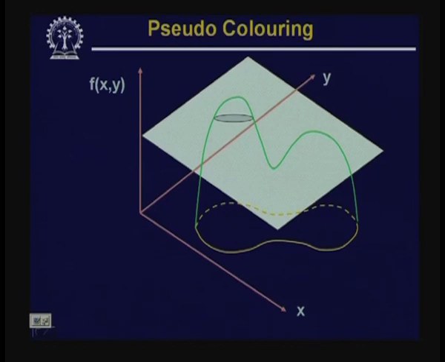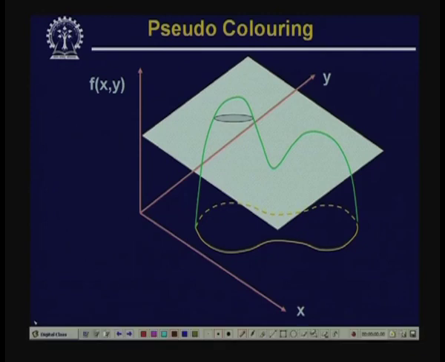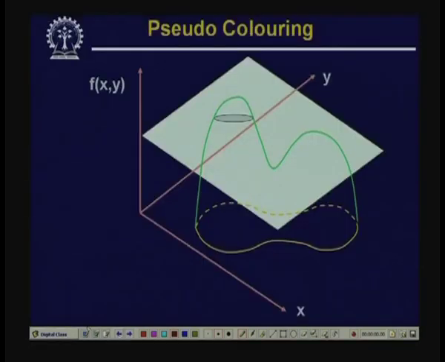As shown in this particular diagram, if I place such a plane at some intensity value, say L I, we have placed a plane which is parallel to the xy plane. Now, find that this plane, which is parallel to the xy plane, slices the intensities into two different halves.